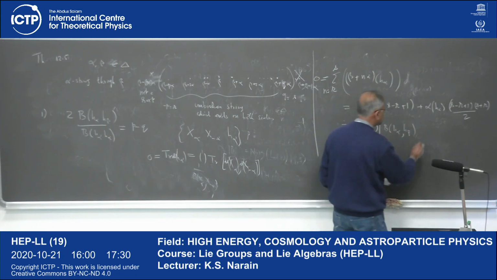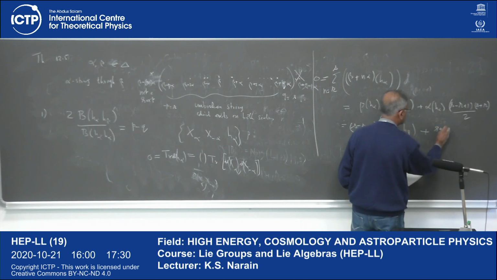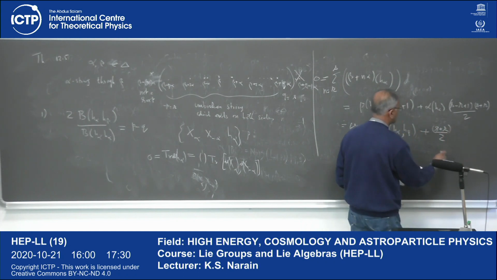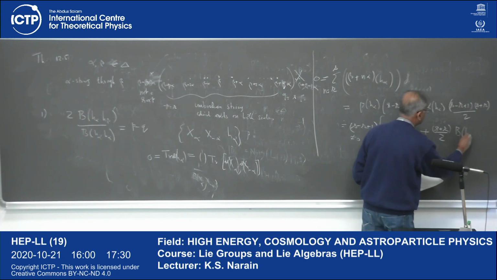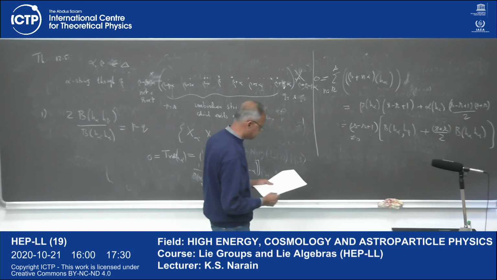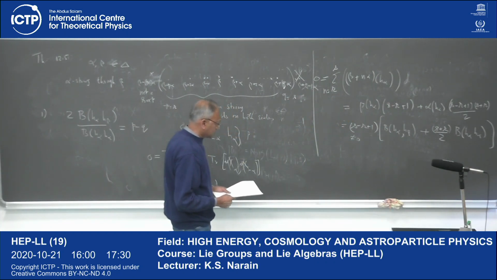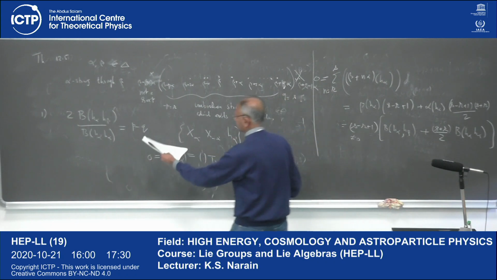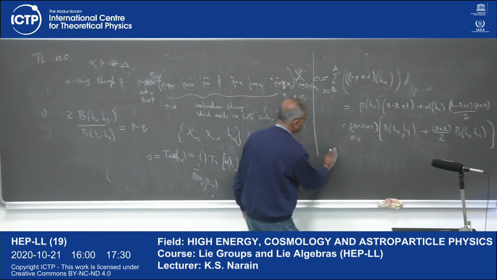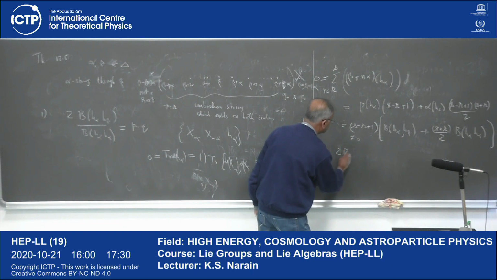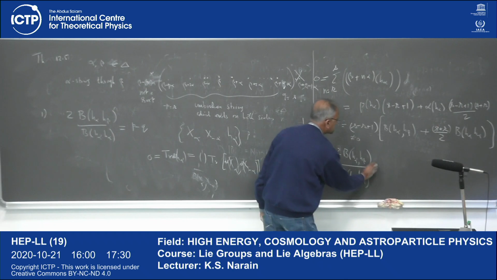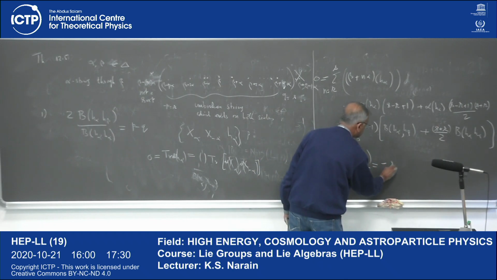And then you have plus S plus R over 2 times alpha H alpha, which is the same as B of H alpha H alpha. So we arrive at this important conclusion that 2 times B of H alpha H beta divided by B of H alpha H alpha is equal to minus S plus R.